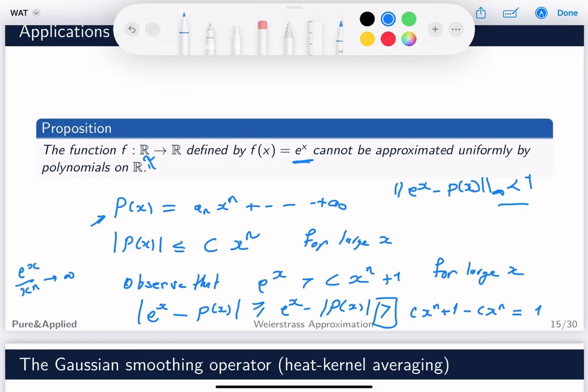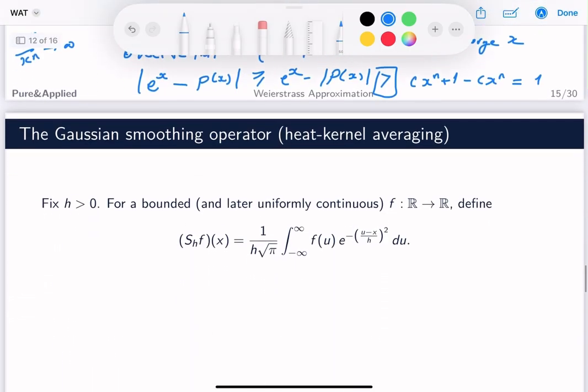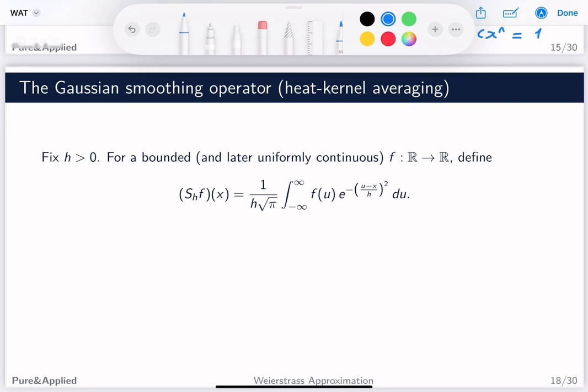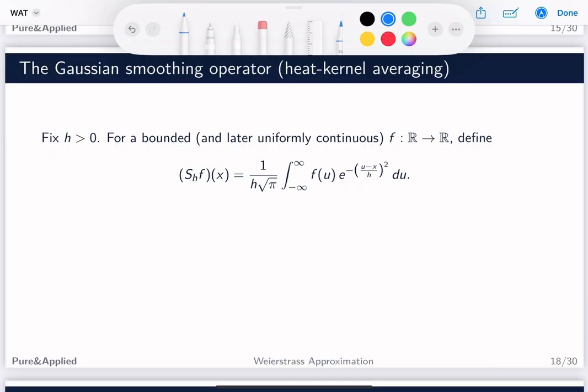So I'm going to wrap up this video by proving the Weierstrass Approximation Theorem, and I don't want to spend a lot of time on the proof because it's again elementary. But let me show you the motivation of the proof, and that's going to be enough. The idea is that the exponential function could be approximated uniformly by a polynomial on a compact interval, and hence we can introduce some exponential smoothing to f and look at this quantity over here.